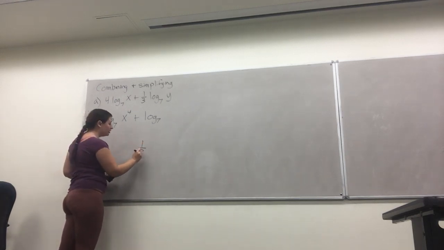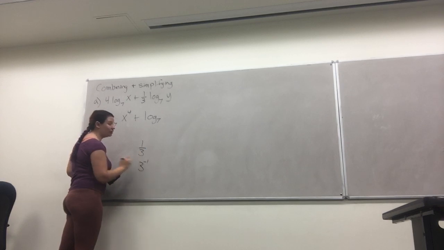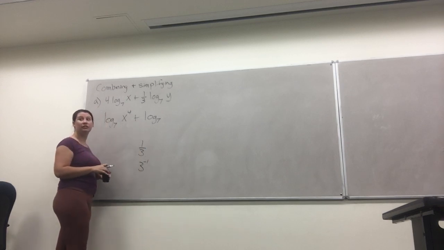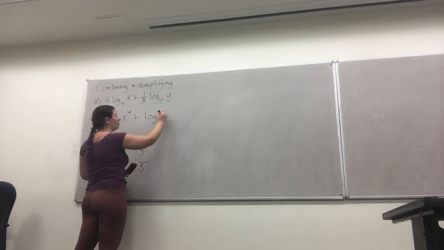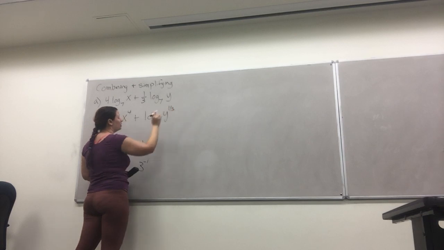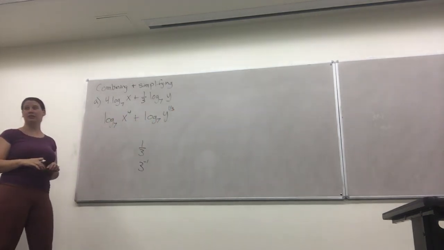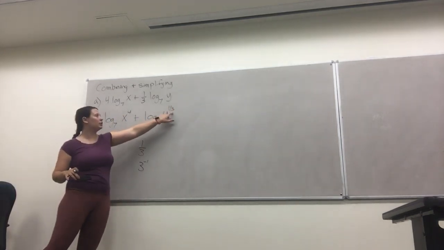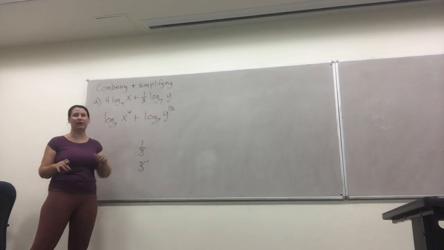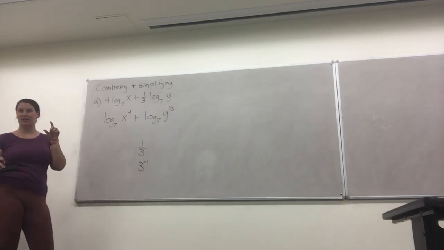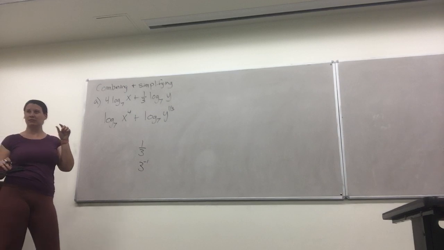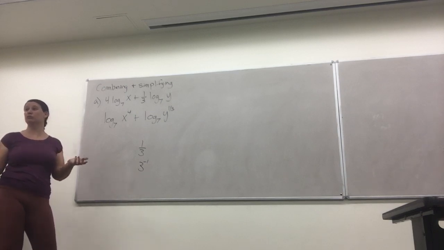Because 1/3 would be 3 to the -1, not -3, right? That's how we change that, right? So all this is just y to the 1/3. What does that become? How do we change that? When we have a fraction exponent, that means it's a cube root. It's a root. Yeah.